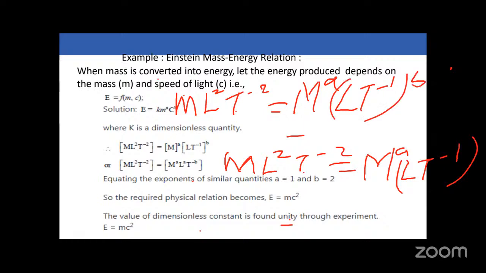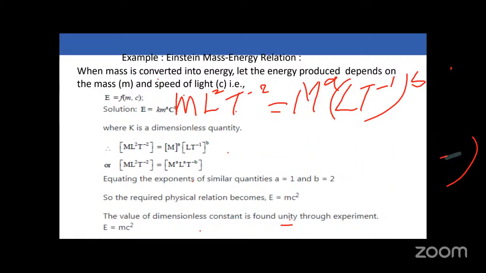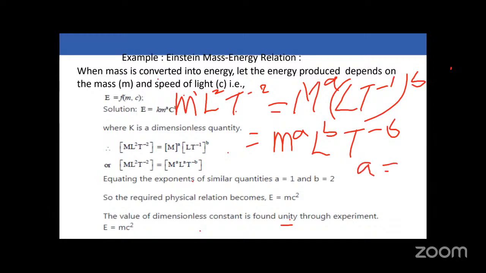If I open up this bracket, I will have M^A L^B T^-B. If I compare term by term, on the left side I have M raised to 1, which means that A is equal to 1.